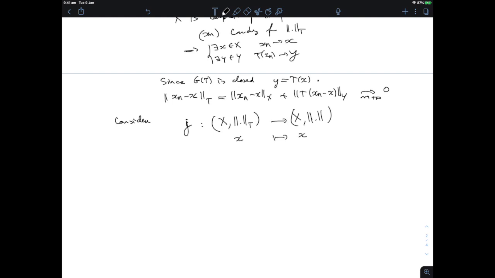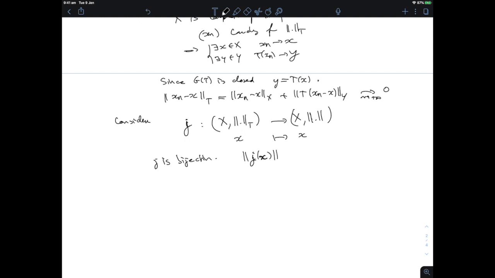That's just the identity between these two Banach spaces. It's the same space, but a different norm. Now, obviously, J is a bijection. It's just the identity map.